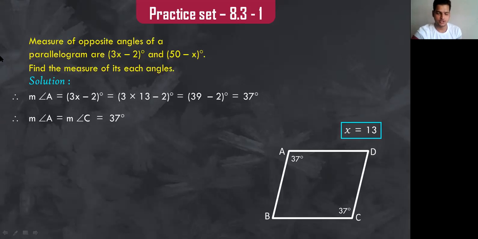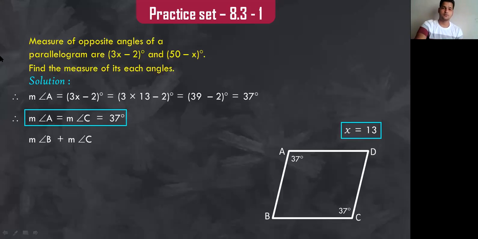But two angles are remaining, that is B and D. As we all know, angle A and angle B are adjacent. Or angle B and C are also adjacent.